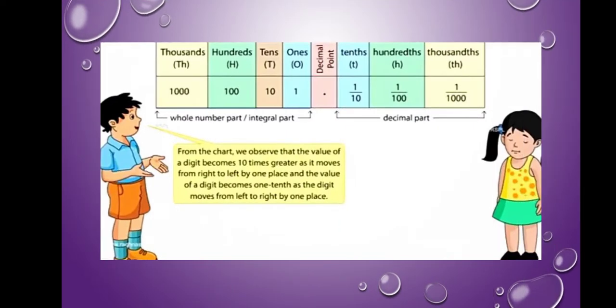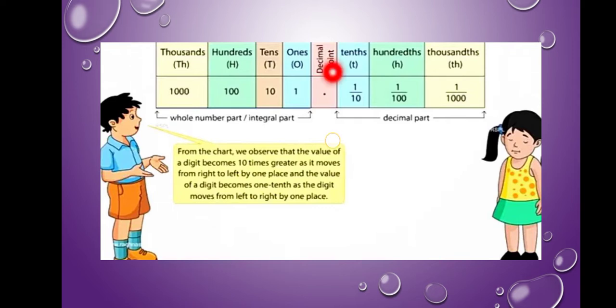From the chart, we observe that the value of a digit becomes 10 times greater as it moves from right to left by one place, and the value of a digit becomes 1/10 as it moves from left to right by one place. I hope you are able to understand.